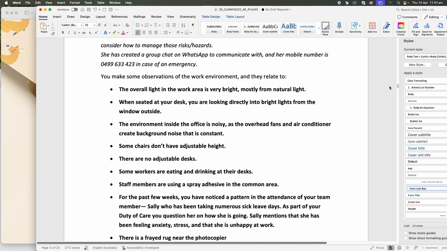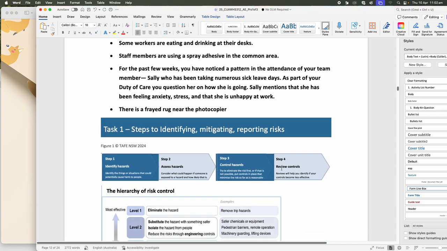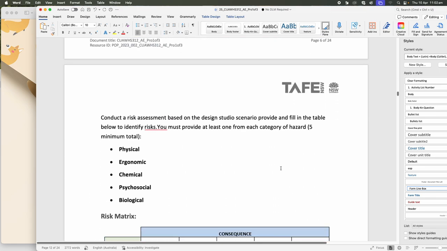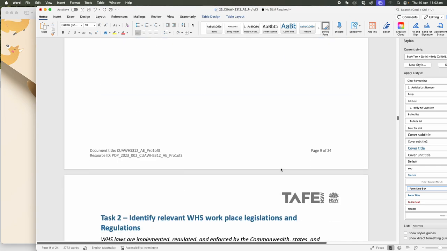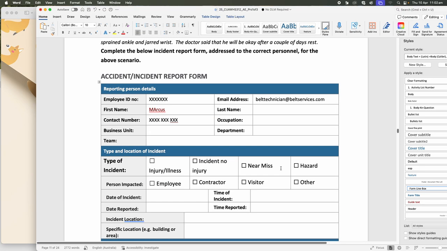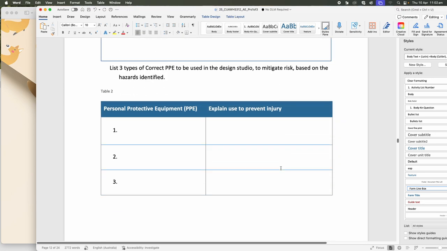What kind of protective equipment could possibly be used for the noise? Okay, so think about protective care. There's not a lot that's necessary in a design studio, but certainly the covered shoes and perhaps ear protection for the noise we've identified.